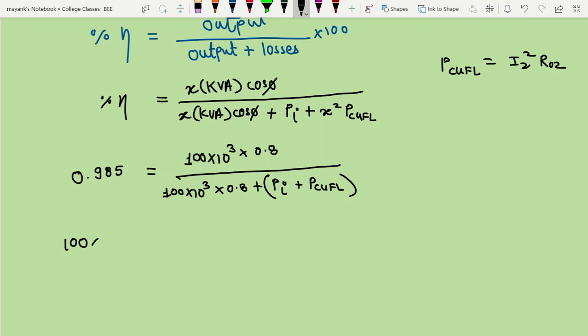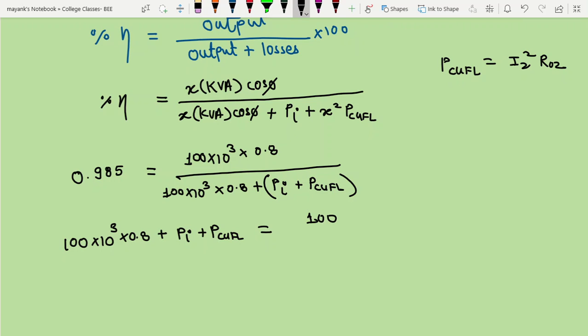100 into 10 raised to the power 3 into 0.8 into 0.985 plus P copper loss at full load. Let me simply solve this like this. The denominator, we bring here.